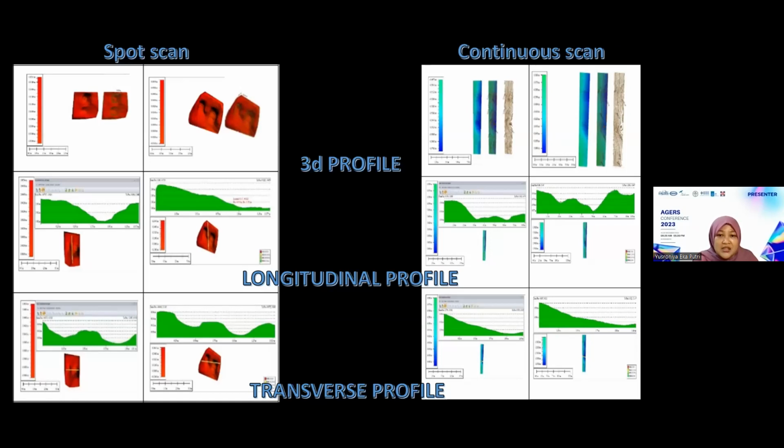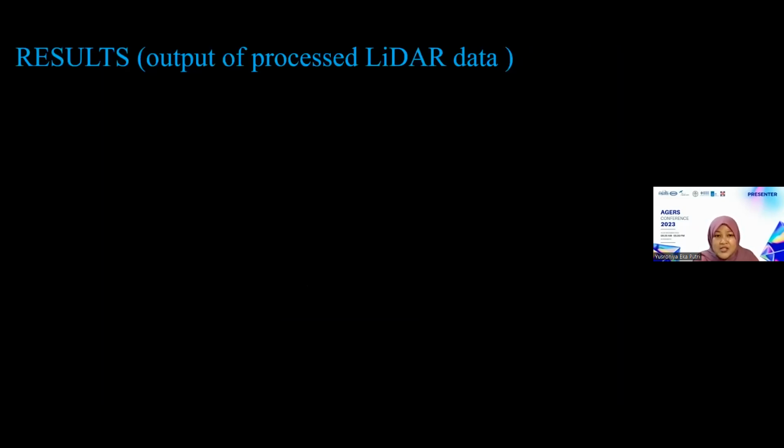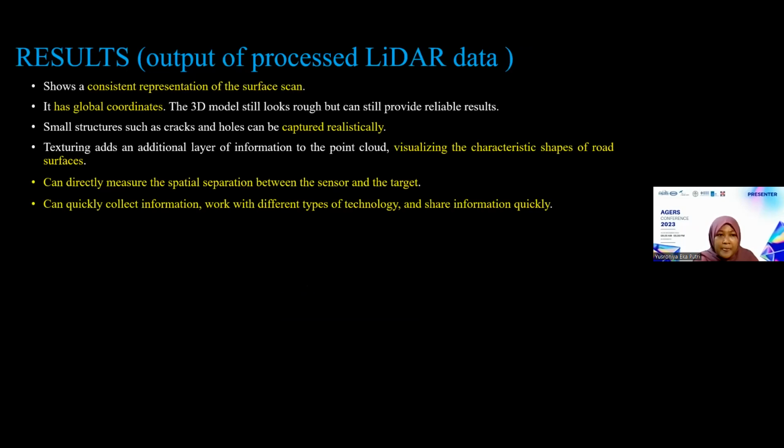This is a review of the 3D profile, longitudinal profile, and transverse profile. The result shows a consistent representation of the surface scan that can get a global coordinate, can be captured realistically, directly measures the spatial separation, and can quickly collect information.